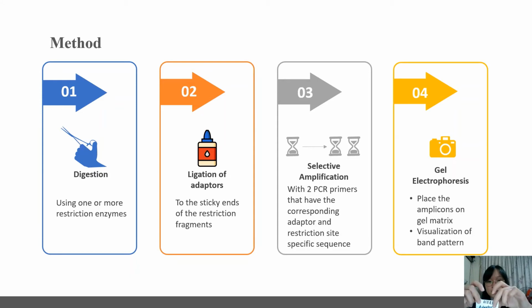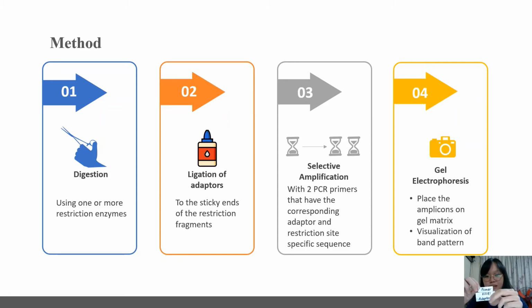And then before we proceed to step 3, there are 2 primers that have the complementary sequence to the sticky end that is cut by the specific restriction enzyme. So for EcoRI, there will be a primer for the sticky end cut by EcoRI, and then they will just bind like this.